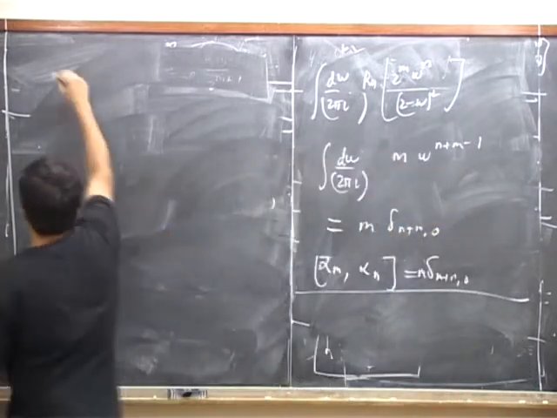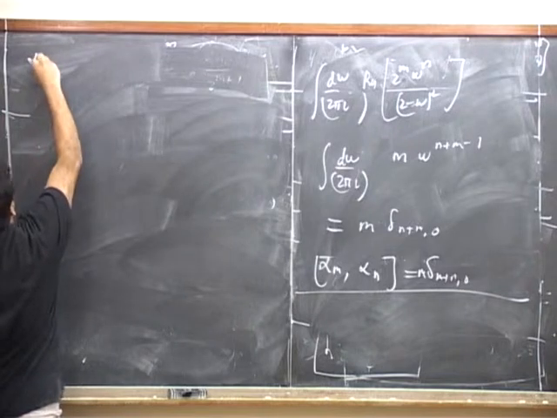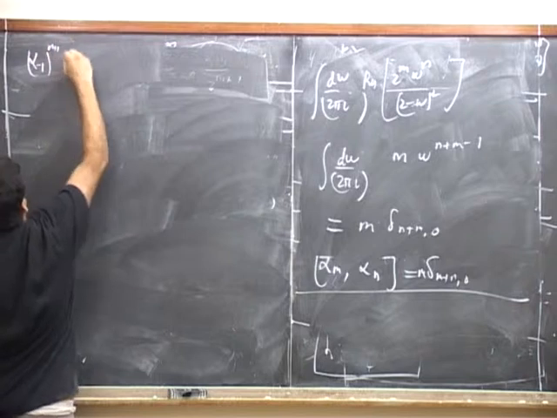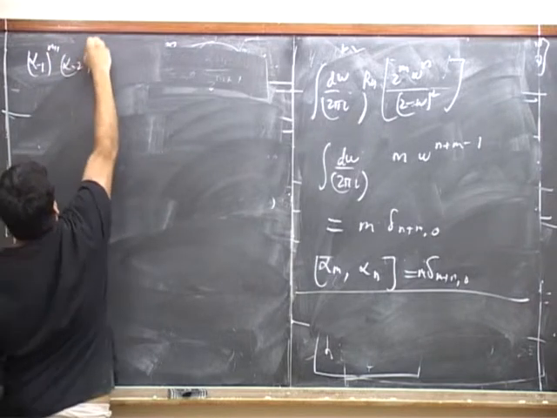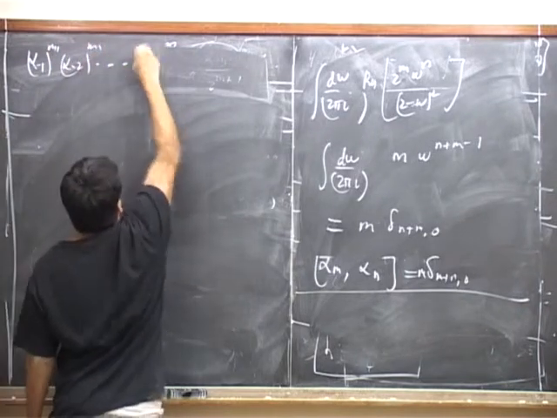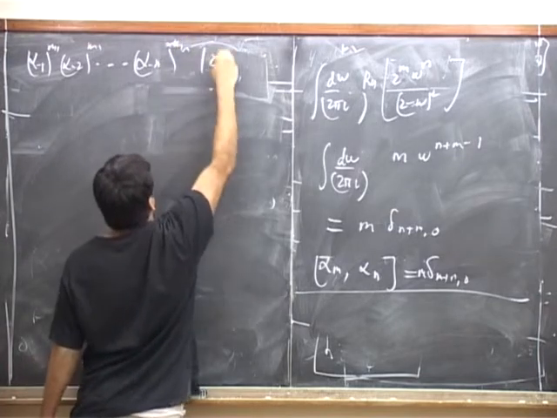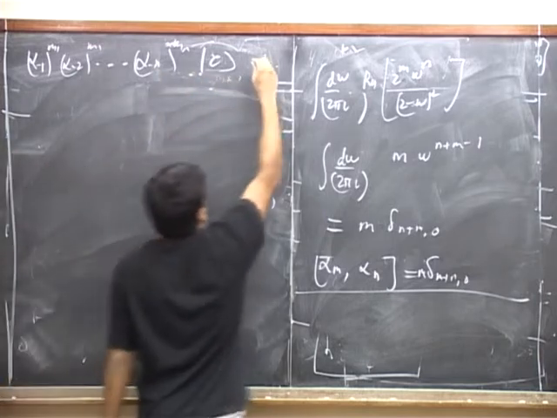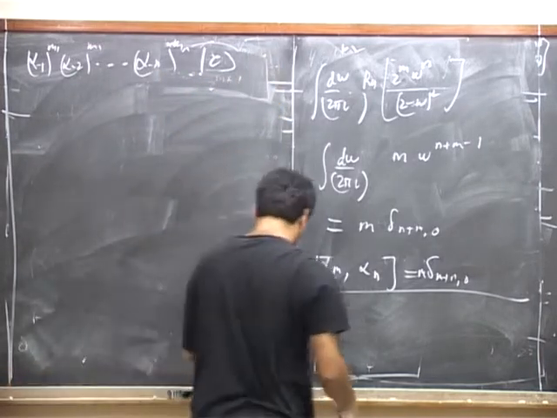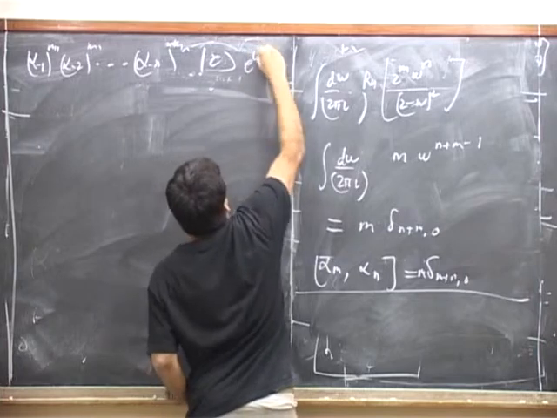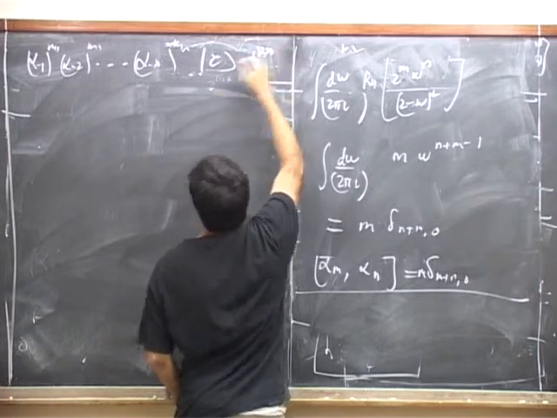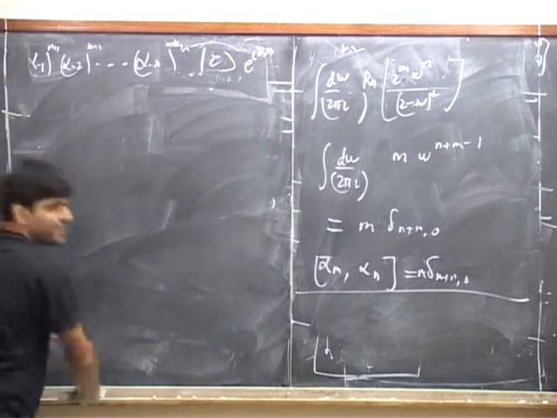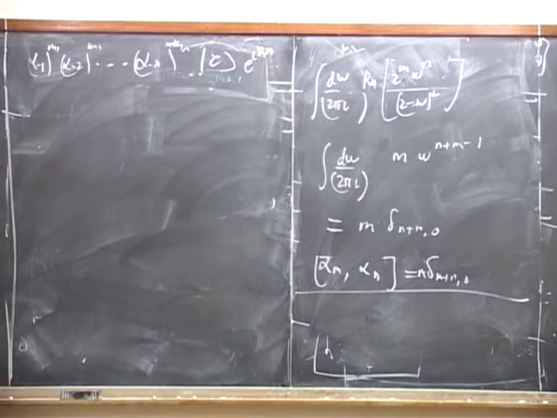The most general state was alpha minus 1 to the power m1, alpha minus 2 to the power m2, up to alpha minus n to the power mn, acting on the vacuum, times a wave function for the zero mode, e to the power ikx0. And then of course we take linear combinations. x0 is the zero mode.